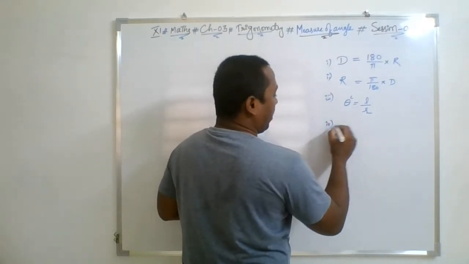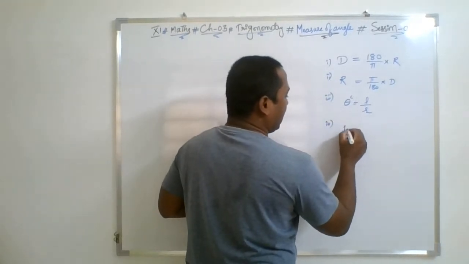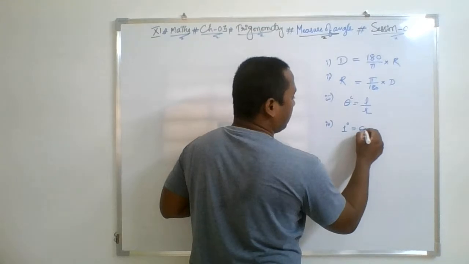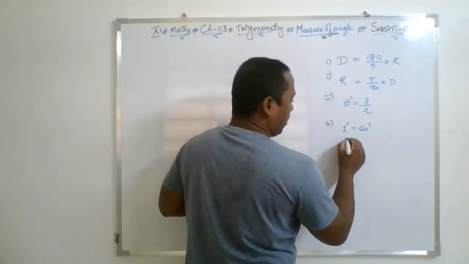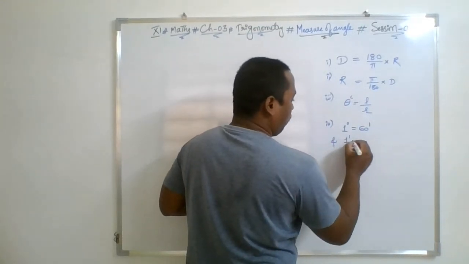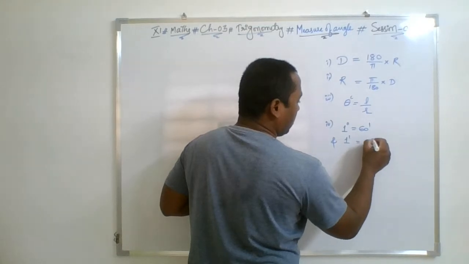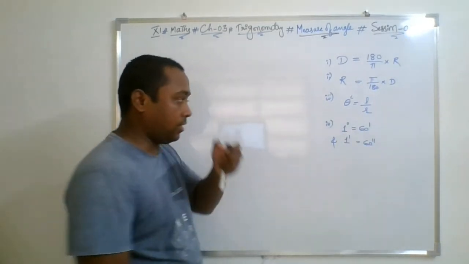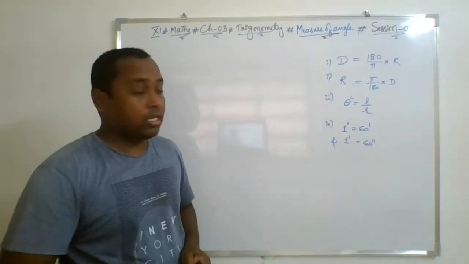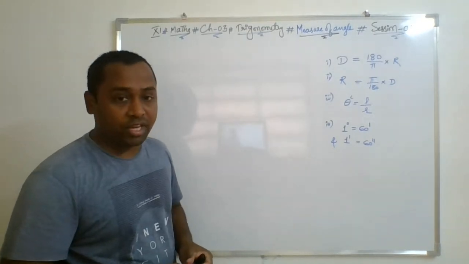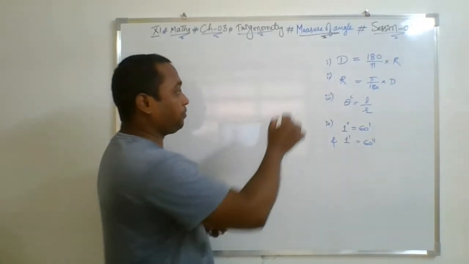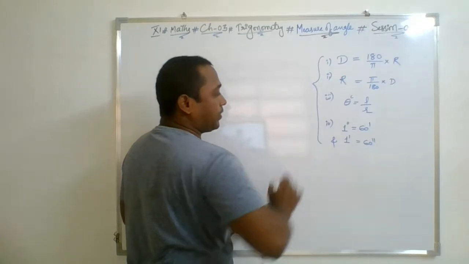Apart from that, what have we learnt? 1 degree is nothing but 60 minutes, and 1 minute is nothing but 60 seconds. This you need to remember as the minimum to start the chapter. These are the 5 points.